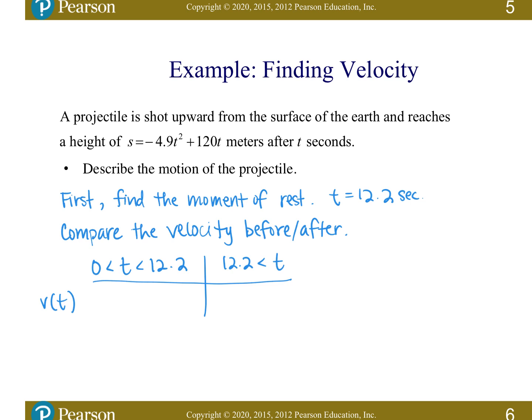So you do a test case. Pick me a number between the time 0 and 12.2. 1, great, okay? Check the velocity at 1. So how do I check the velocity at 1? Well, remember our velocity equation was negative 9.8 t plus 120. If I check the number 1 in that velocity equation, what kind of number do I get?